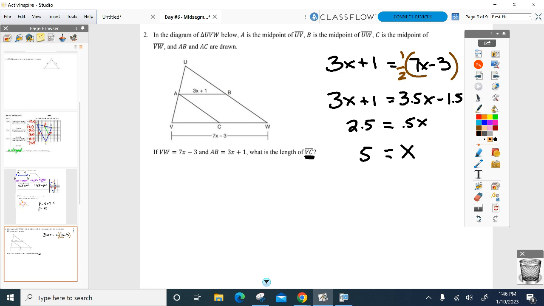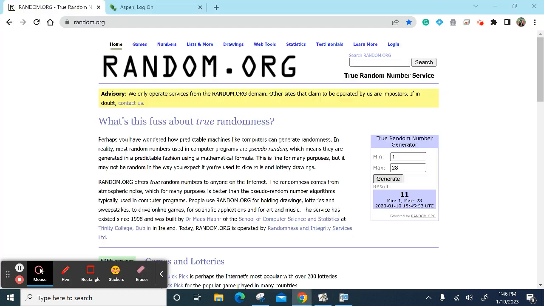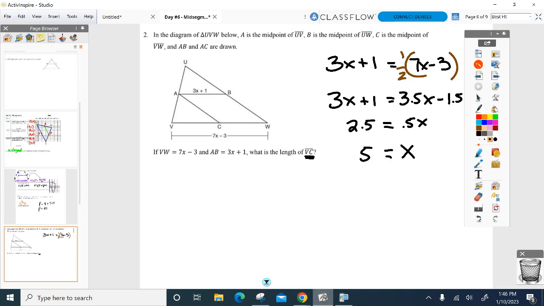Find VC. So I need somebody to help me out. What's your process now? Now that I know x is 5, what's your process of getting the side length of VC down? How do I get VC? Plug x into 3x plus 1. Okay, so you're saying AB is going to be the same as VC.